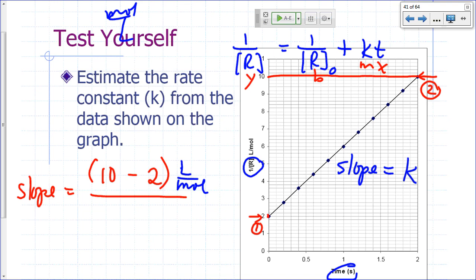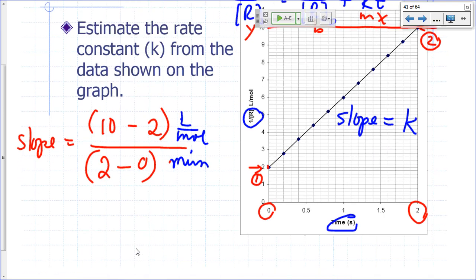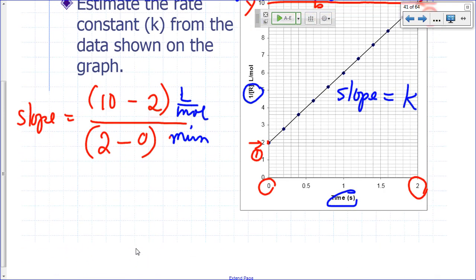And what's my denominator here? What's my run? This one's at 2 minutes minus 0 minutes. And so my unit for my denominator is minutes. Okay? So 10 minus 2 liters per mole over 2 minus 0 minutes. That should give me, not 5 divided by 2, 8 divided by 2.